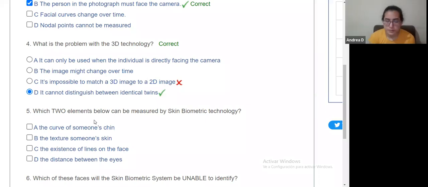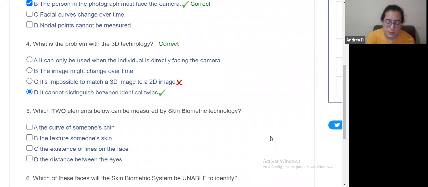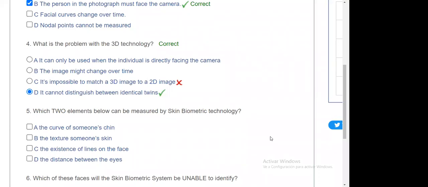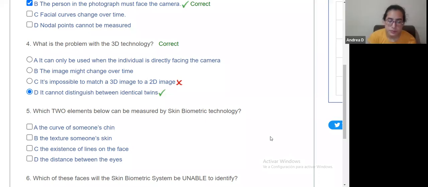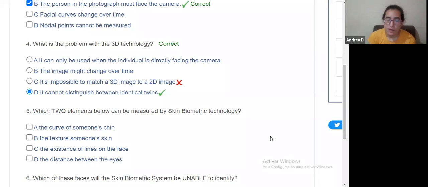What would you guys say? Maybe option B, picture someone's skin. Option D, the distance between the eyes? B. Okay, B, and the other one? Option C. C, okay. Do you guys agree?